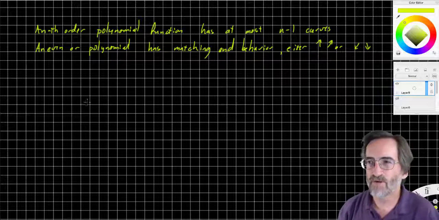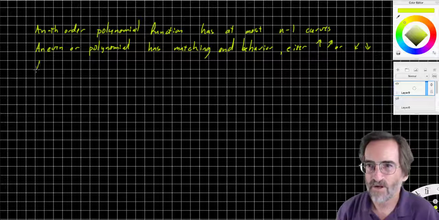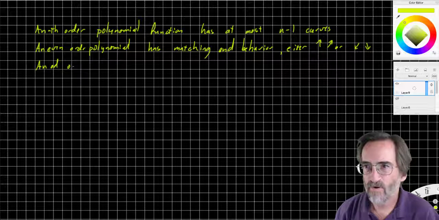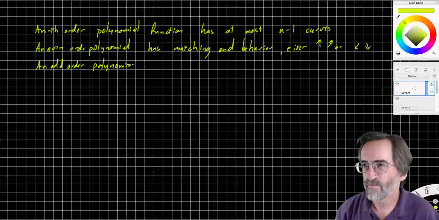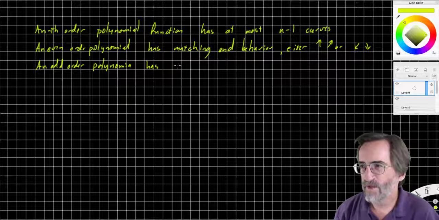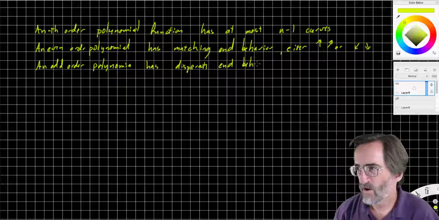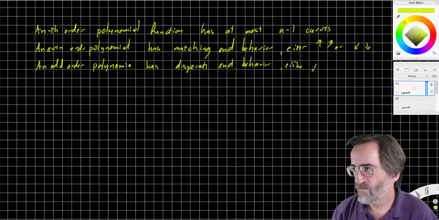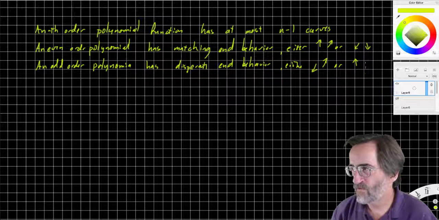An odd order polynomial function has disparate, not matching, end behavior. Either the left is down and the right is up, or the left is up and the right is down.